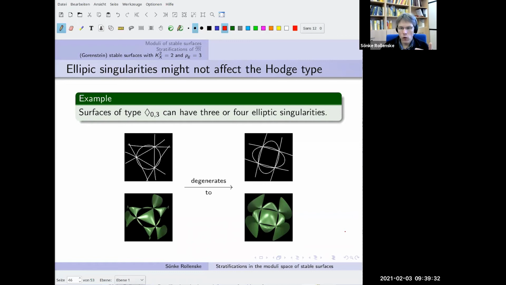That you can have 4 ordinary quadruple points on an octic is really easy. Through 4 points, you have a pencil of conics, so you just pick 4 general conics in the pencil. So you get 4 quadruple points, which means 4 elliptic singularities. They cannot all have an impact on the Hodge structure because PG is only 3. So they're kind of all equal in a sense.